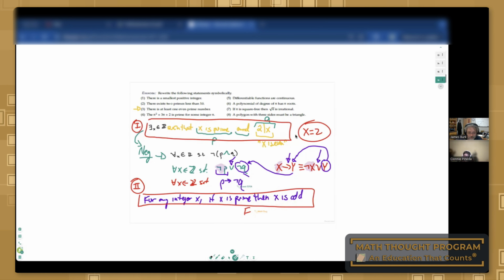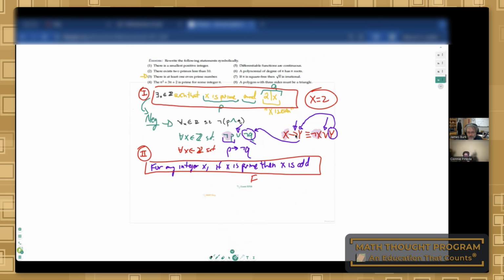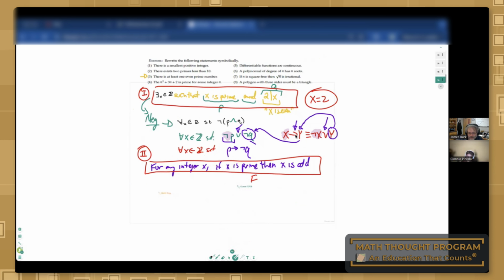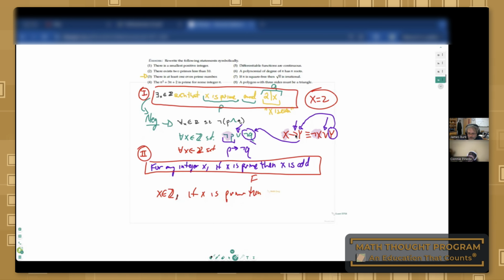Now, here's something that's really fascinating. I can still take this statement, how we express it as universal, and say for any integer, I can say for x inside Z, if x is prime, then x is odd.